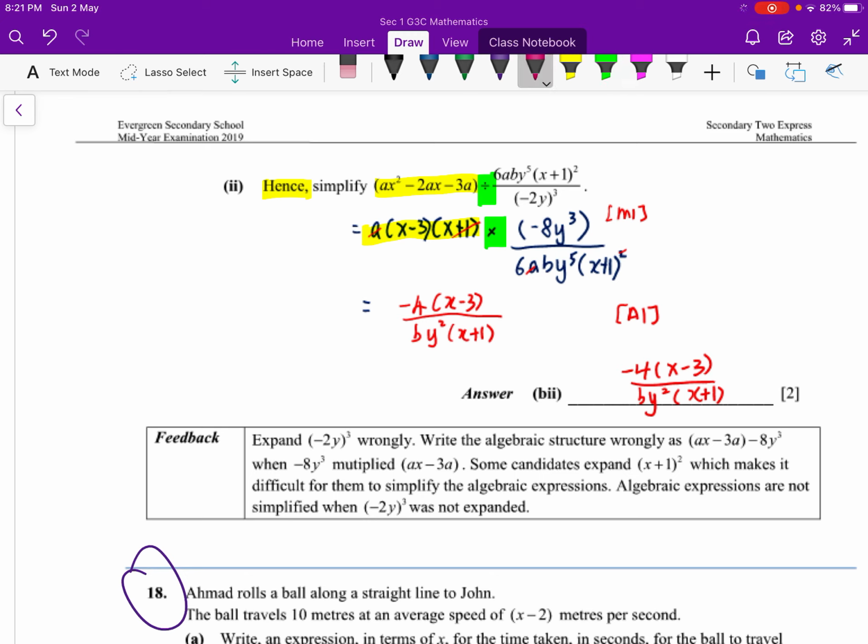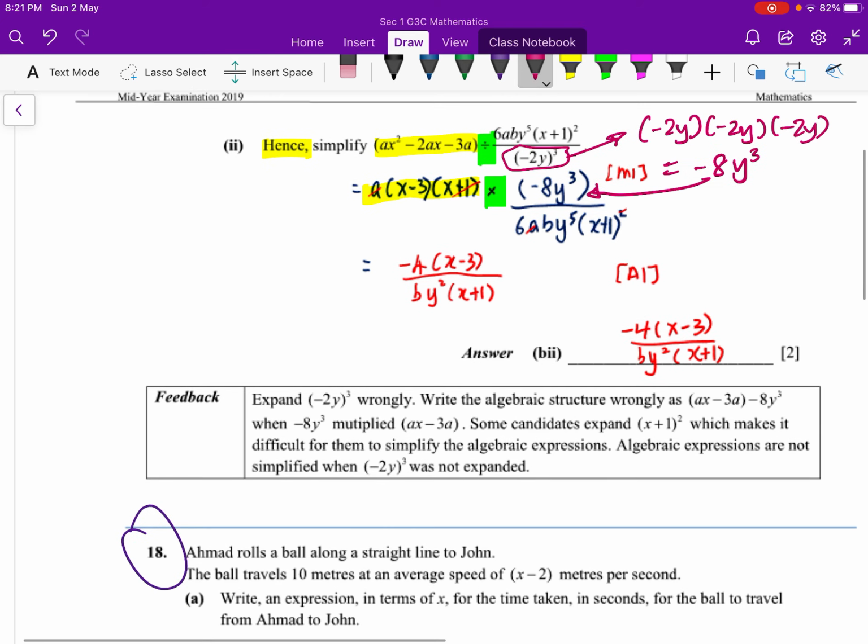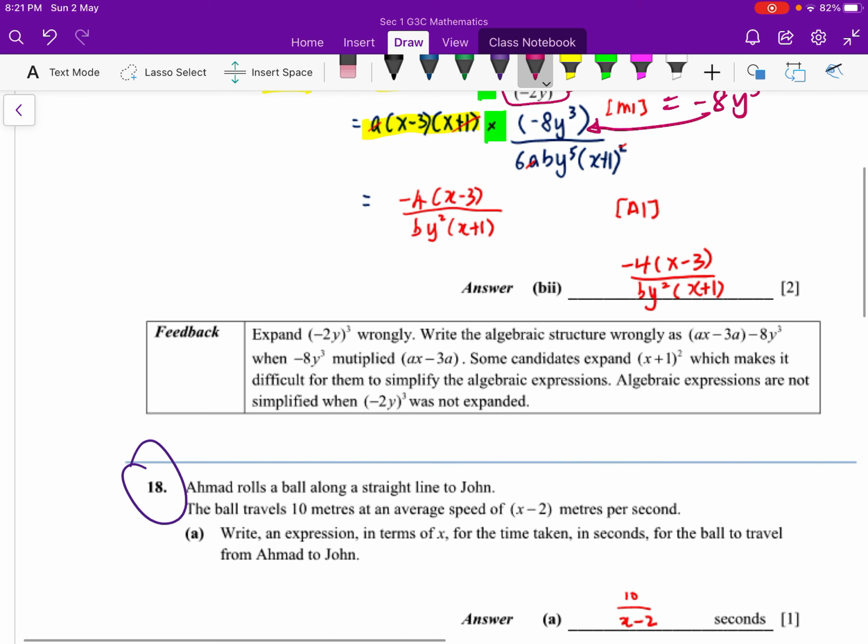So common mistake for the expansion of the denominator, this refers to negative 2y times negative 2y times negative 2y, which gives us negative 8y cubed, okay, as shown in the numerator here. And then you can continue with your usual cancellation.